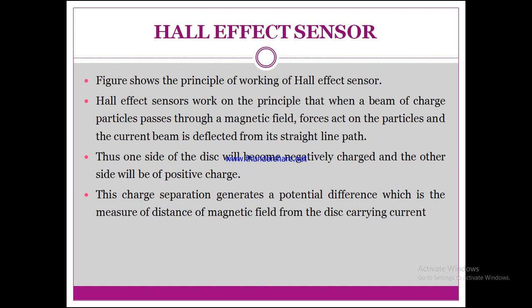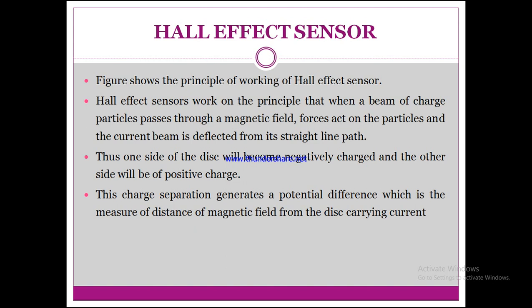The figure shows the principle of working of the Hall effect sensor. The Hall effect sensor works on the principle that when a beam of charged particles passes through a magnetic field, forces act on the particles, and the current beam is deflected from its straight line path.